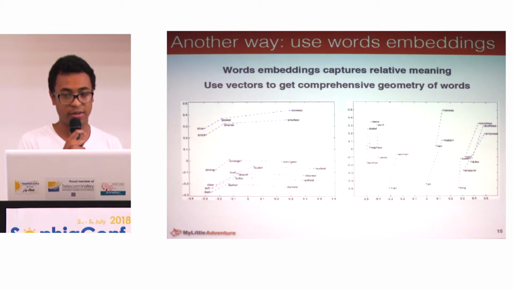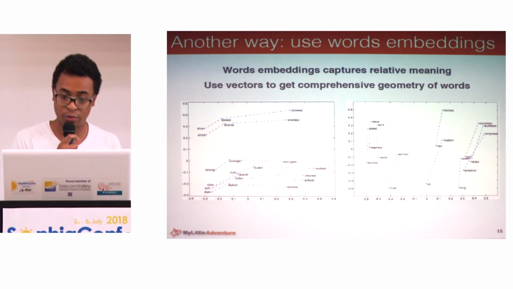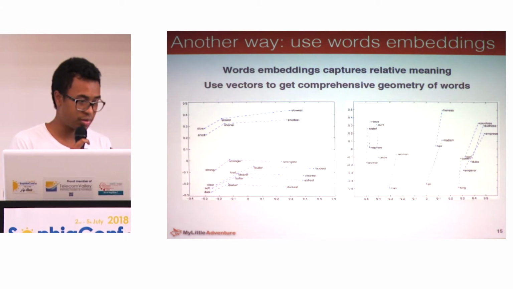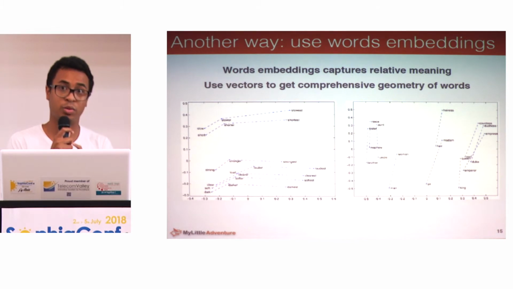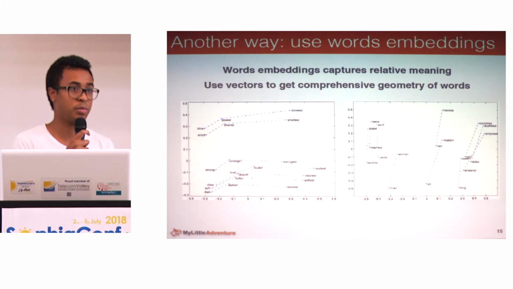But you can also see that woman and man are related, or madam and sir are related. This way, instead of just having numbers associated to your words, you can have relative meaning associated to your words because they are vectors.